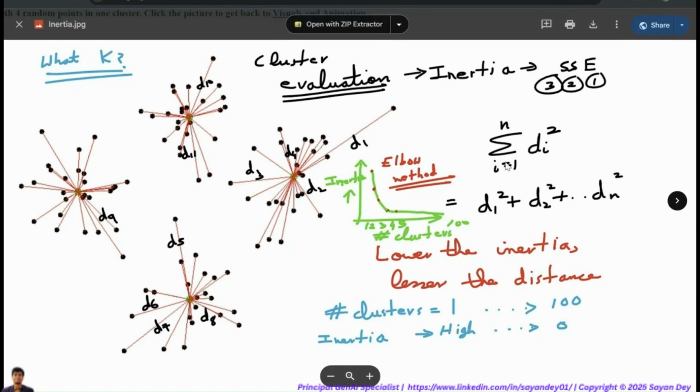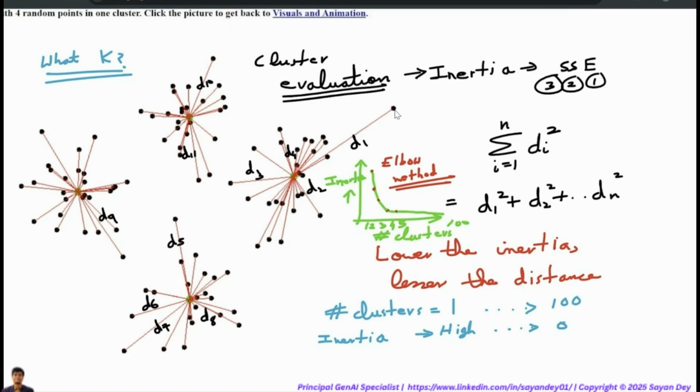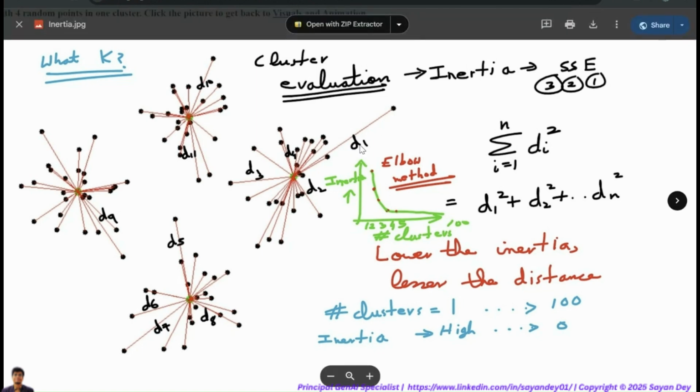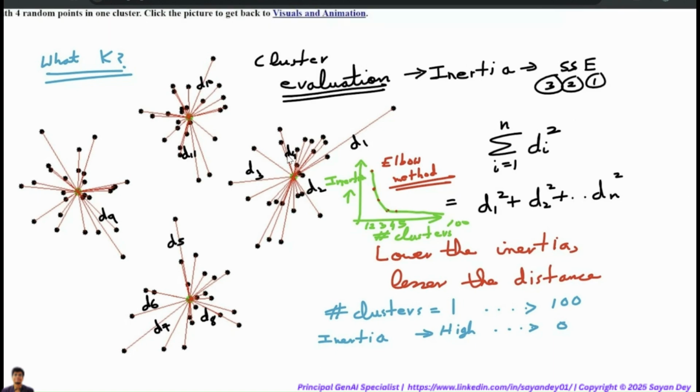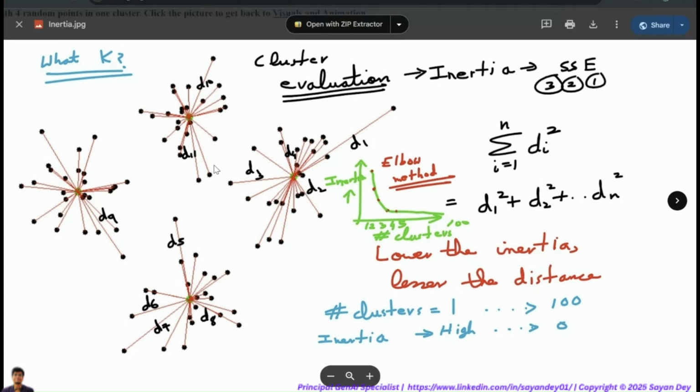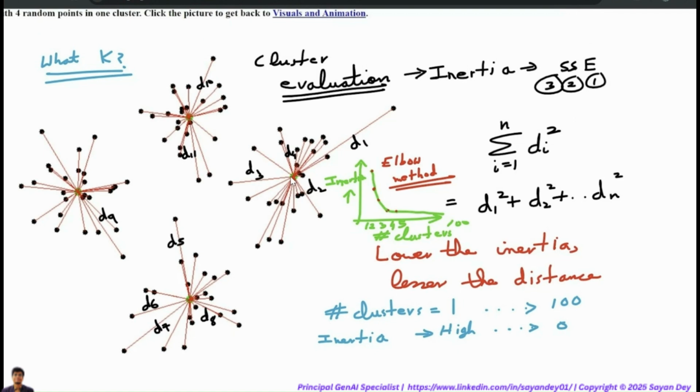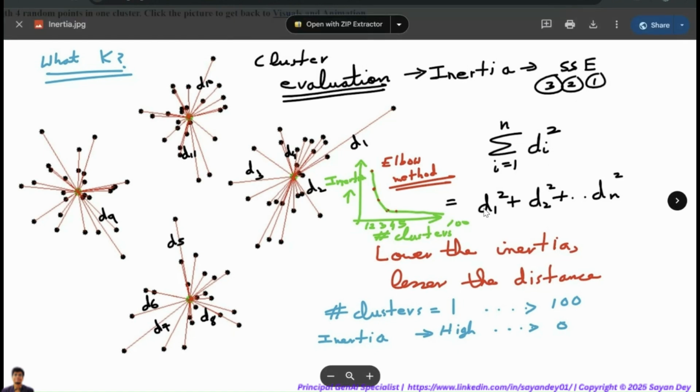Mathematically, the formula is quite straightforward. Each of these distances of the points from the centroids are D1, D2, D3, D4, D5, D6, D7. So first we take the distance D1, square it, then sum it up: D1 square plus D2 square plus D3 square plus Dn square. So it's actually the summation of Di square. That is how we define the inertia.